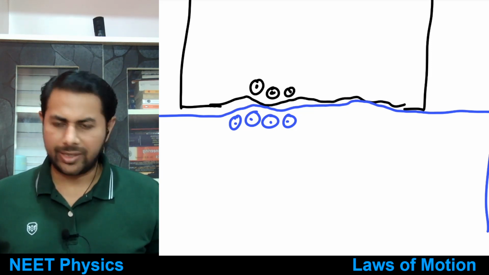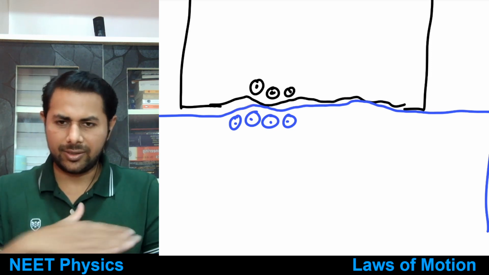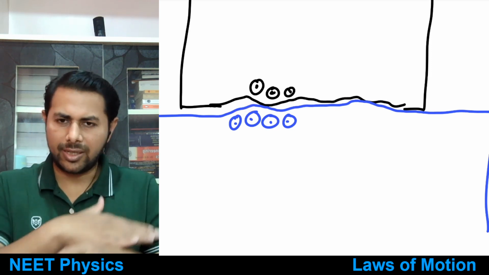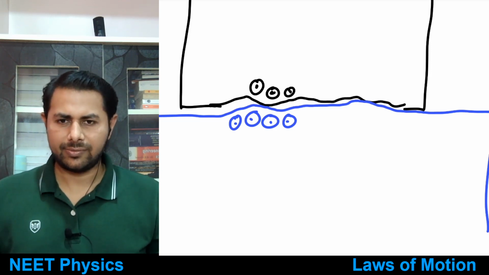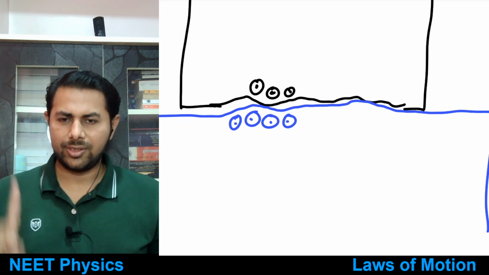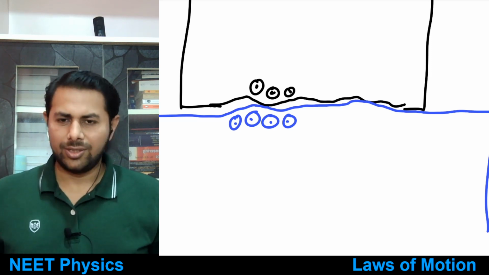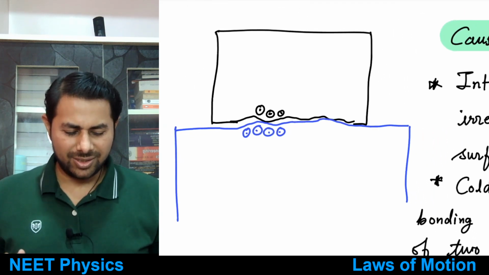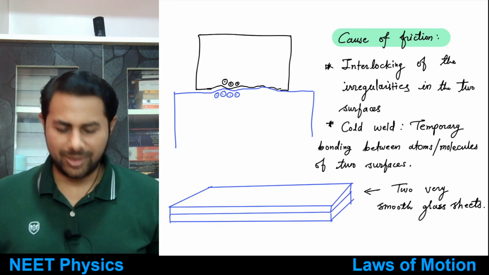So where are those scratches coming from? These irregularities are broken, and that's why you can see them as scratches. So this is one reason. Now see, this is quite intuitive. This is very easy to believe.